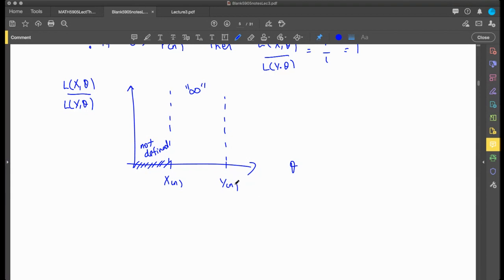And when theta was bigger than the maximum of y, it took the value 1. So you can see when theta is defined, this ratio is not constant as theta changes. It starts at infinity and then drops down to 1 when theta gets bigger than yn. So this clearly depends on theta.